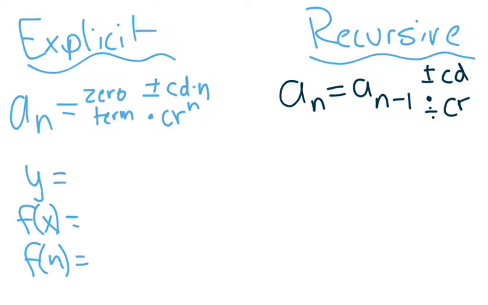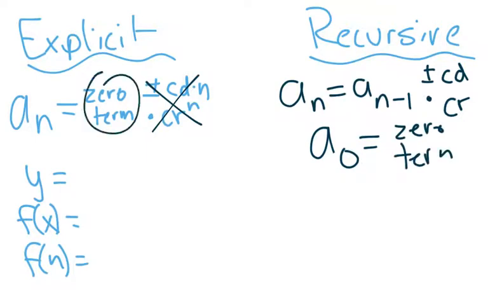Usually we're going to multiply, because we really never see divide in the explicit, so we don't need the divide here. Now, these have variables, but we don't need to attach variables to this side. But that's only half, because I only took care of half of our explicit. We also need the a sub 0, that zero term.